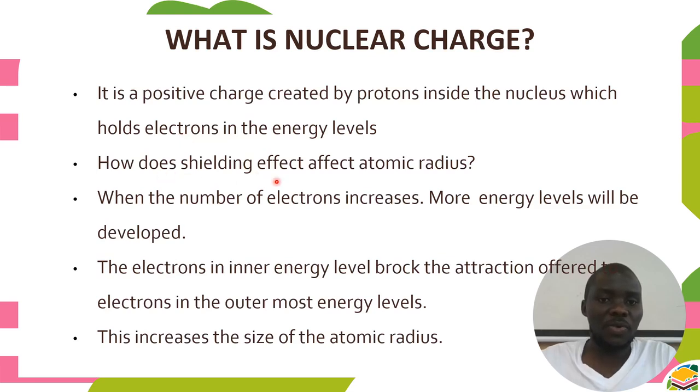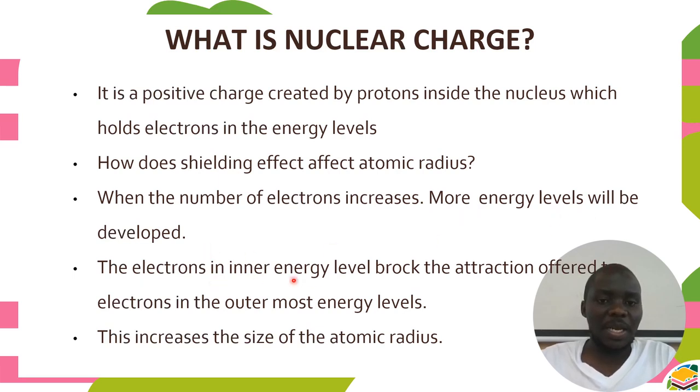So how does shielding now affect the atomic radius? When the number of electrons in inner energy levels increases, simply means maybe you have higher atomic number, it means you have more electrons. So you are going to have a lot of energy levels, and in those energy levels we are going to have electrons. That's why we are saying that when the number of electrons increases, more energy levels will be developed.